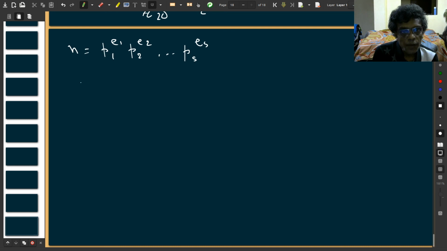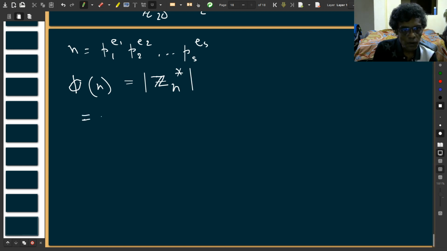Now, if I want to compute phi of n, which is the size of the set Zn star, I proceed using the principle of inclusion and exclusion. First, I consider all elements of Zn. Then I have to subtract those that are in Zn but not in Zn star. They are not coprime to n, which means they are divisible by p1 or p2 or p3 and so on up to ps.